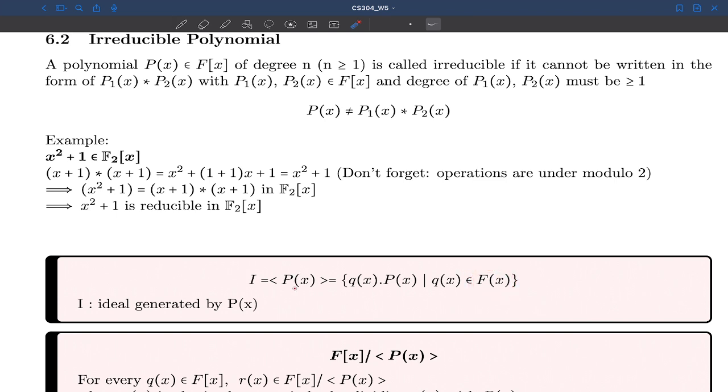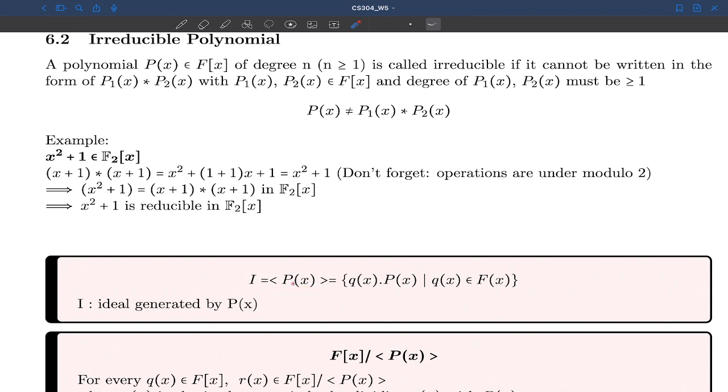So if I take a polynomial and I multiply this polynomial with all other polynomials in my set F[x]. There are a lot of polynomials in my set F[x]. So I am just picking one particular polynomial, and that is p(x).